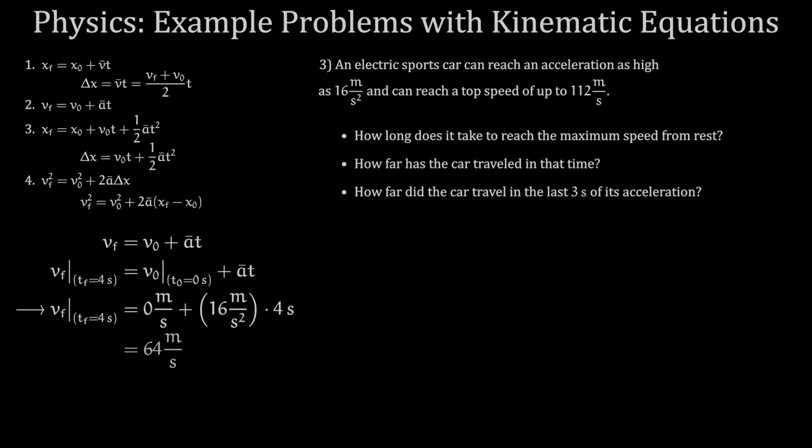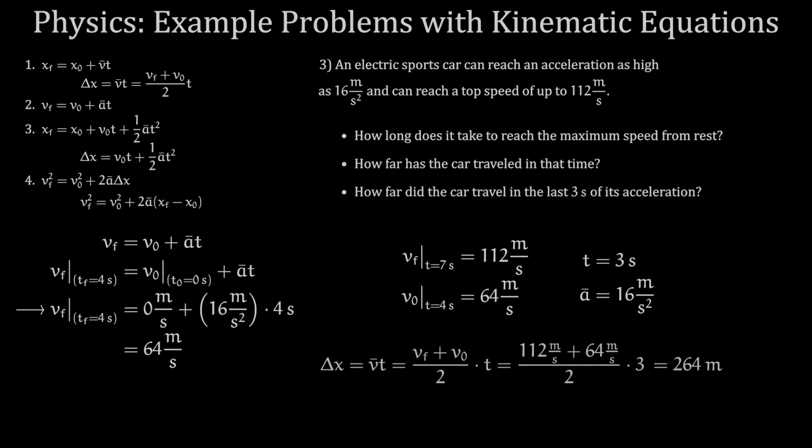Now we shift our attention to the last 3 seconds of travel, from the 4-second mark to the 7-second mark. We can once again use either the first or third kinematic equation to solve this. Using the first equation, plugging in our values, we find a displacement in just the last 3 seconds of 264 meters.